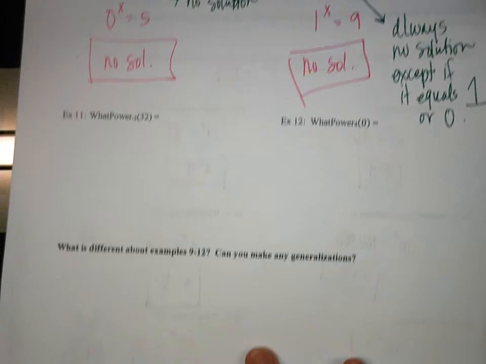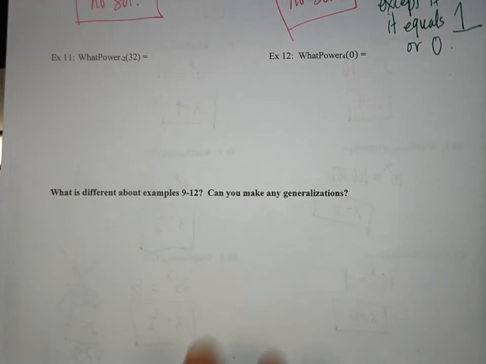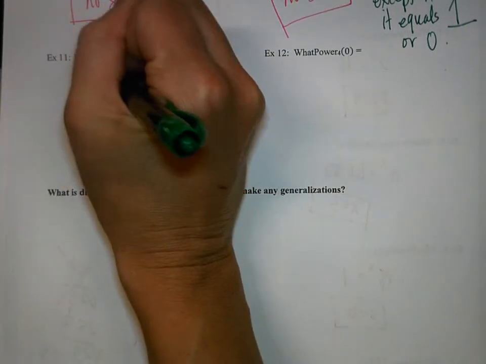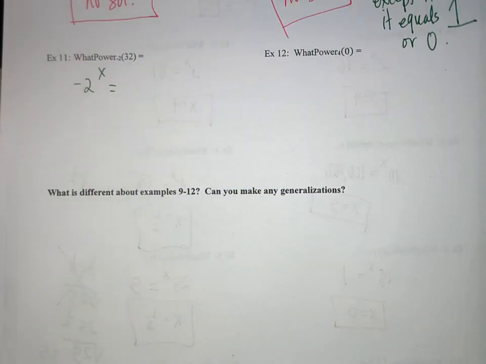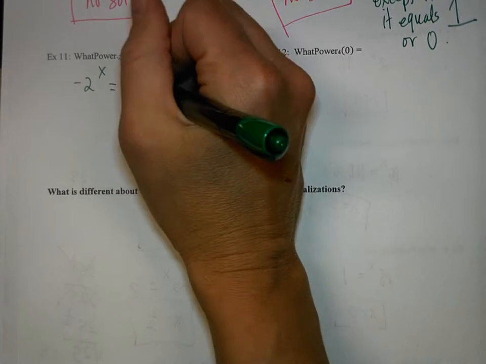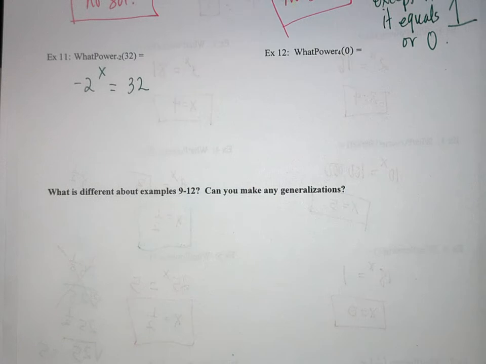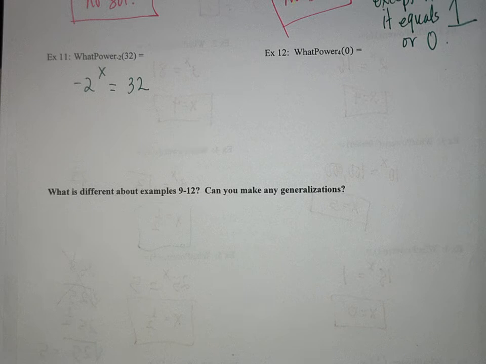All right, number 11. What do I do? Negative 2 to what power equals 32? So 2 to what power equals 32? 5, right? To the 5th.